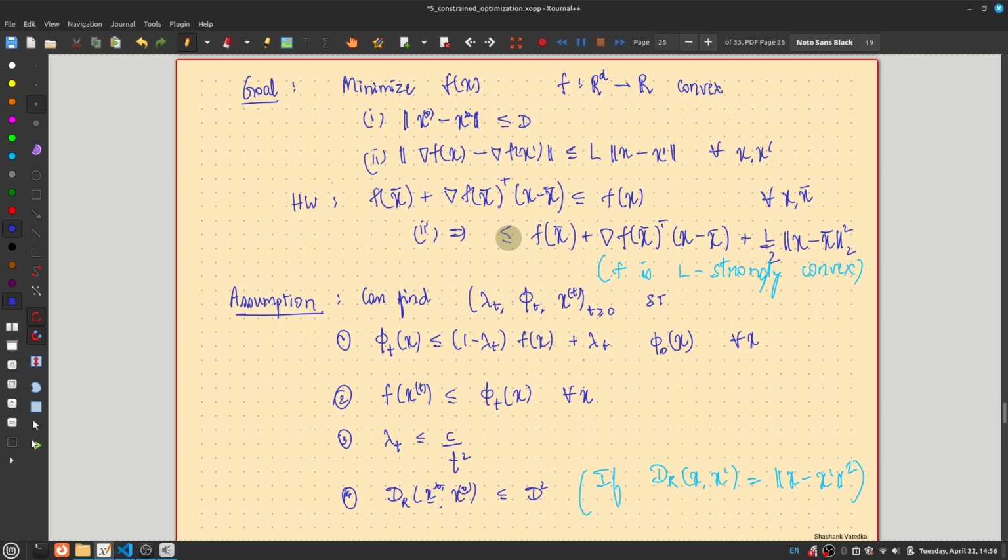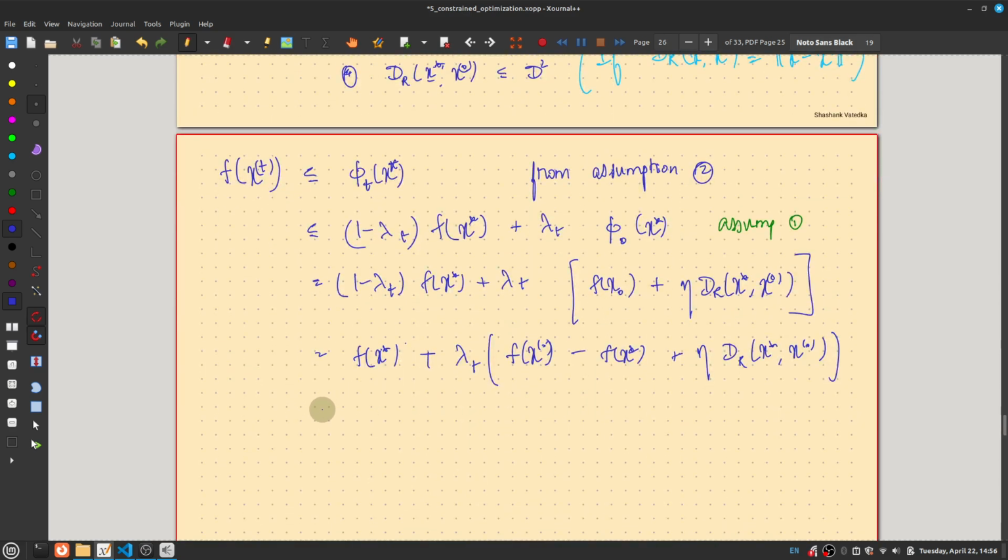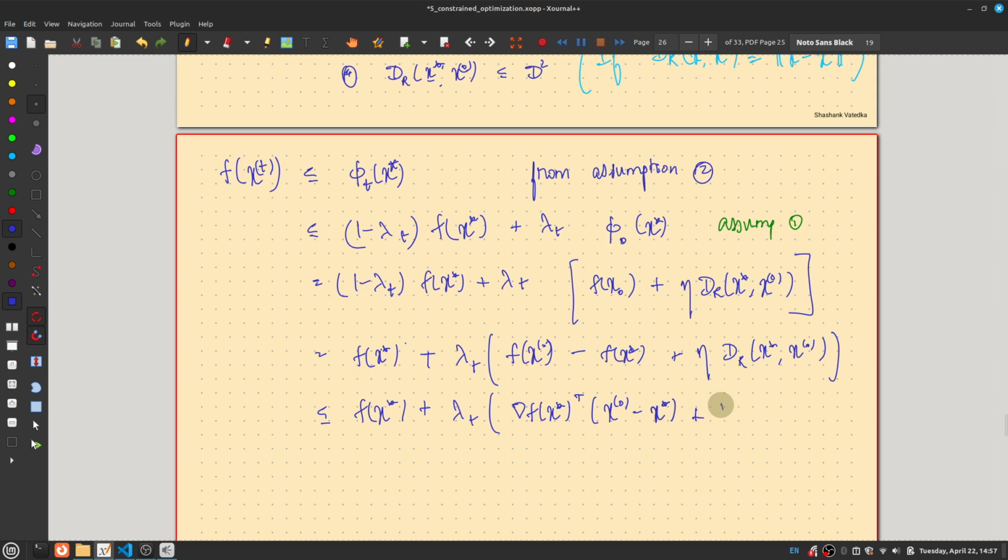That f of x naught is less than or equal to f of x star plus gradient of f evaluated at x star transpose x naught minus x star plus L by 2 times L2 norm square of x naught minus x star square.